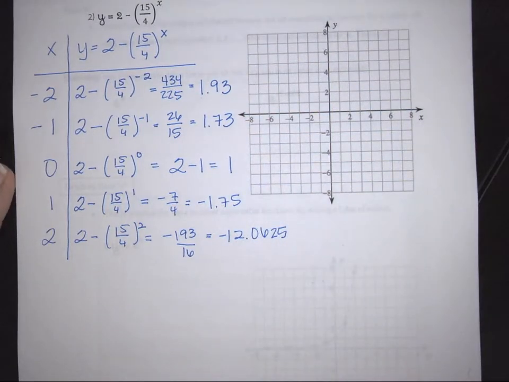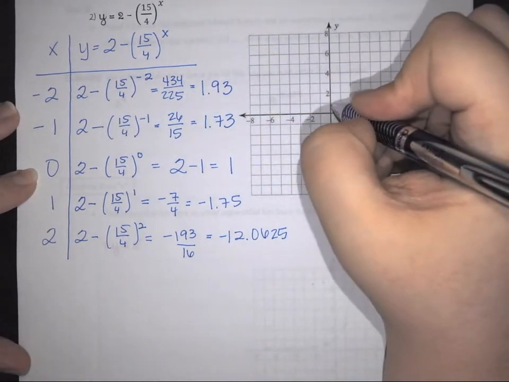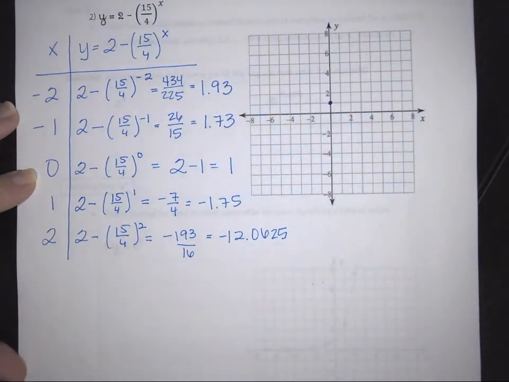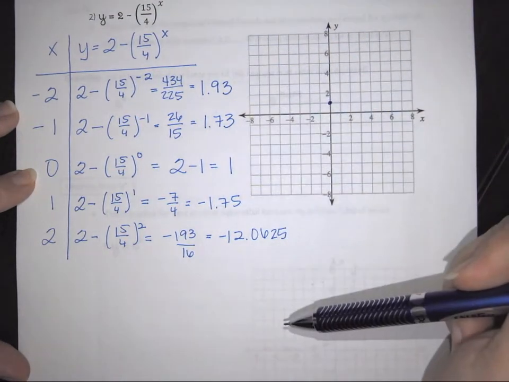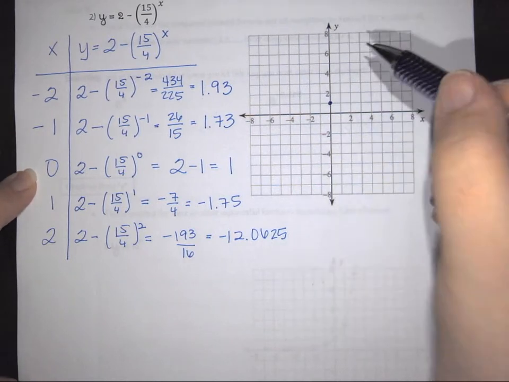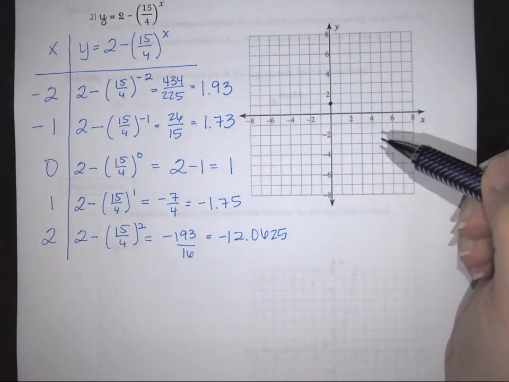So we have to graph these points. So I'm going to start again with my middle point. So I have the point 0, 1, which goes here. And then these are all decimals, so the order in which you graph them is completely up to you. I like to graph positive first and then graph my negative, but it's your choice.